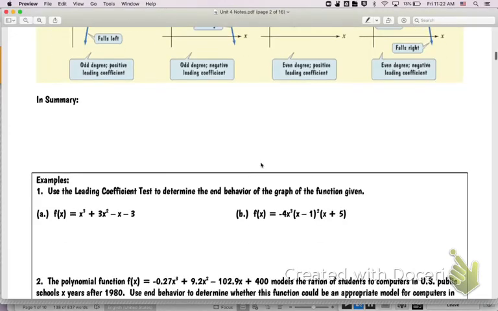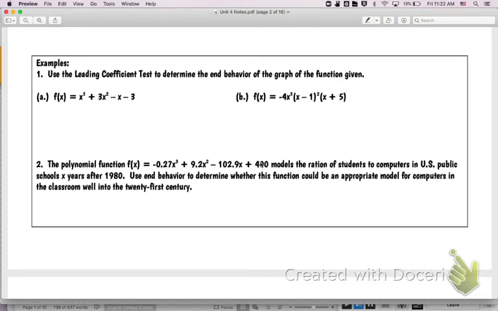So let's look at a couple of examples here. Number 1: use the leading coefficient test to determine the end behavior of the graph of the function given. For part A, we first need to make sure that this is in order so we can determine our leading term. The leading term is this right here.